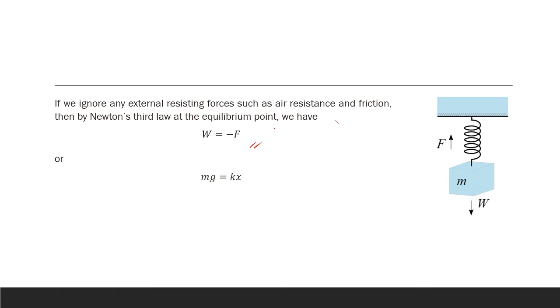And we can define that as W, or the weight, is equal to negative F, which is your restoring force. Substituting your weight and your negative F, that is mg for W, and that's negative kx, so positive kx, that is your restoring force. So therefore, nakagawa tayo ng relationship class ng mg, k, and x. So we have now a relationship of mg, k, and x.